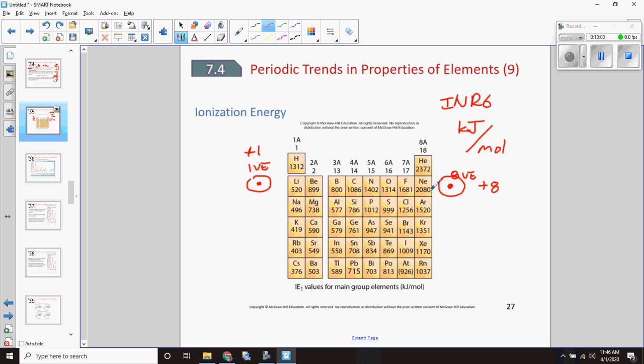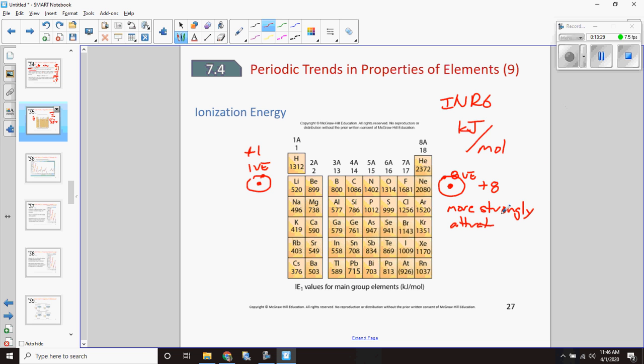It costs way more energy to remove 1 electron from neon than it does to remove the electron from lithium. Why? Effective nuclear charge. As you go from +1 to +8, these electrons are being more strongly held, or maybe we want to say more strongly attracted to the nucleus.